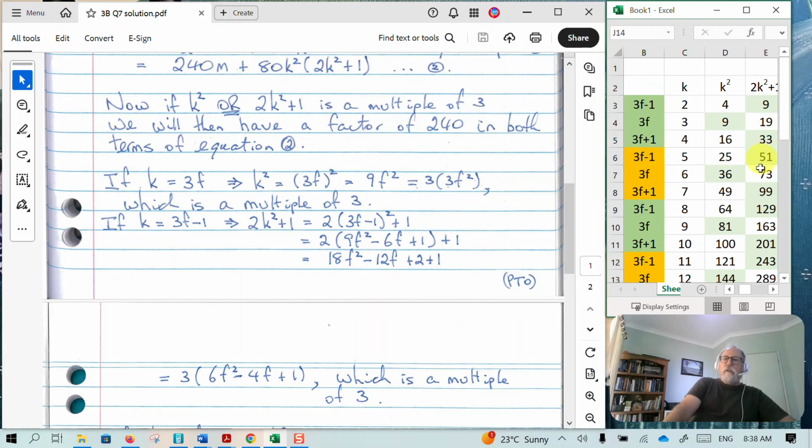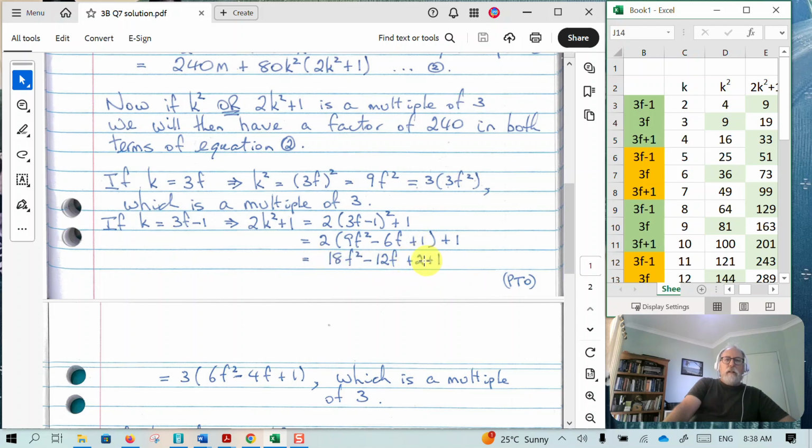But what about if we're dealing with these pairs of numbers here? Do you notice that these pairs of numbers could be either 1 less than or 1 more than a multiple of 3? So I've taken the case where k is 3f take 1. Then my expression, which I'm interested in, is the 2k squared plus 1 expression. So 2, instead of k squared, 3f take 1 squared. Expanding that and then simplifying.